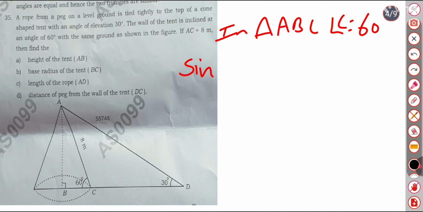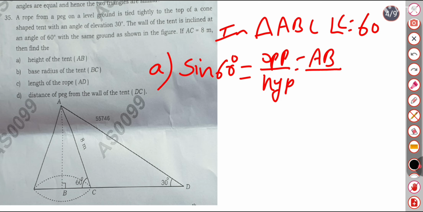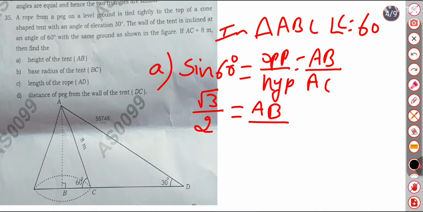Sine 60 degrees is equal to opposite by hypotenuse, which is AB by AC. Sine 60 value we know, that is root 3 by 2, equals opposite AB by AC, which is 8.